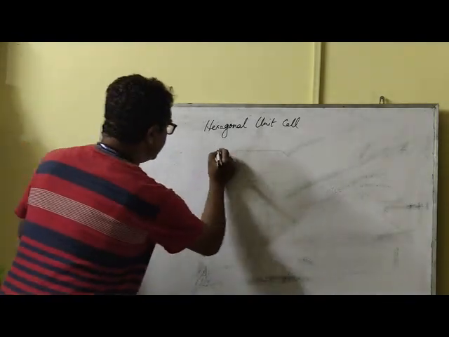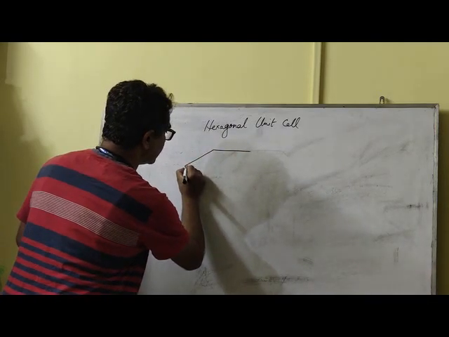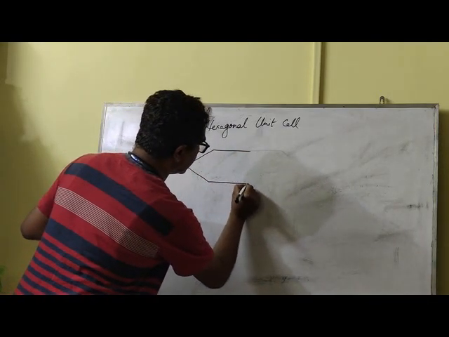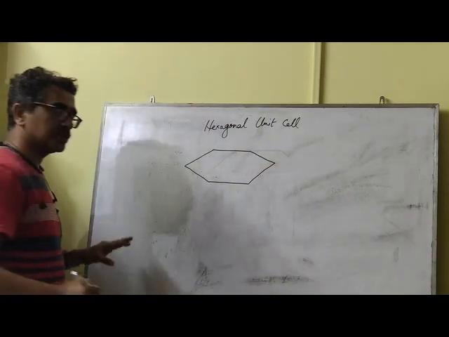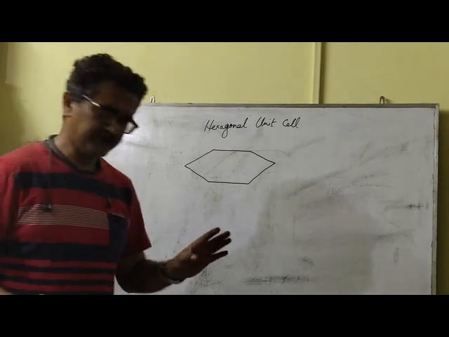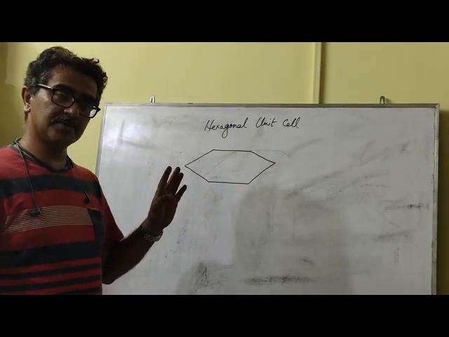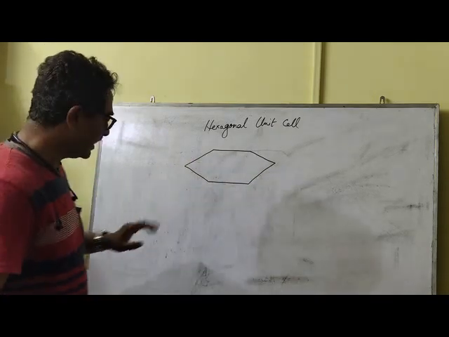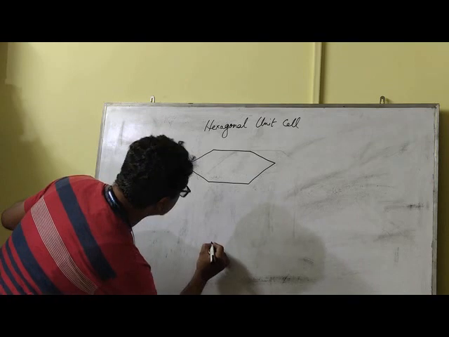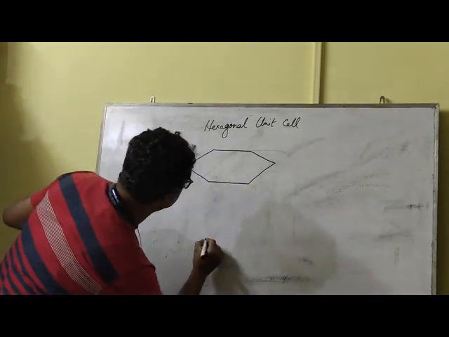So here you see, I'll draw a hexagon first. I'm trying to draw it in 3D. And please remember that it's a regular hexagon, so each angle will be 120 degrees. I'm trying to draw it in 3 dimensions, hence you will find that the angles are not very accurate.